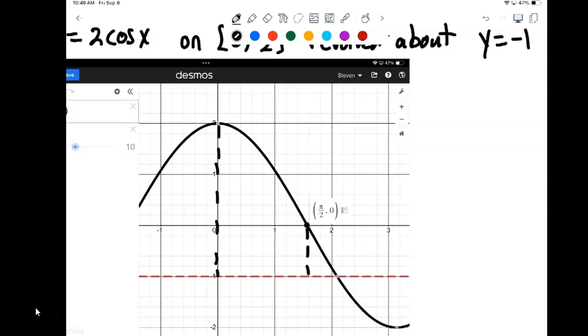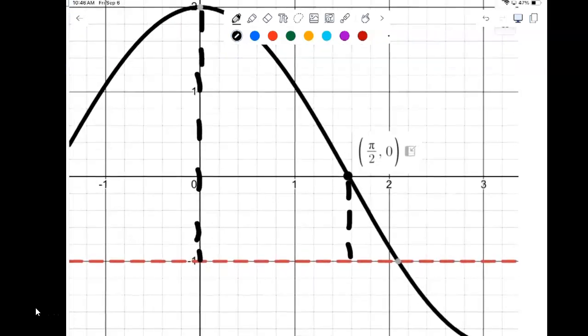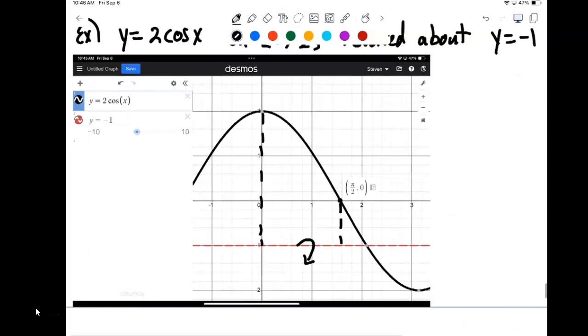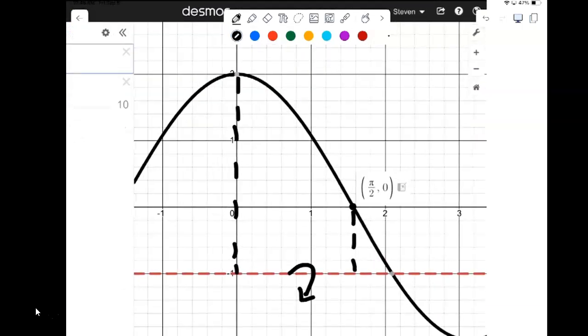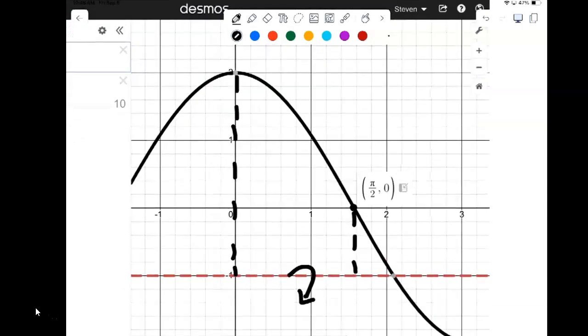Except now we're revolving it about the y equals -1 axis. So once again, we see that it's touching it. So all we have to do is come up with our radius. How far is it from the graph to our axis?